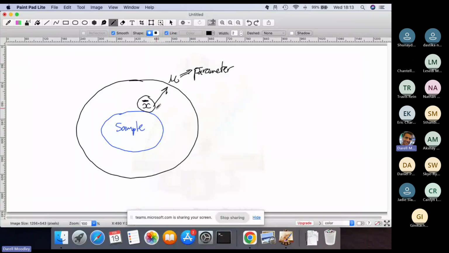This is the statistic, or sample statistic. We use that to generally estimate the true value, which is the parameter. All right. So does that example give you an idea of what a population is, what a sample is, what a parameter is, and what a sample statistic is?